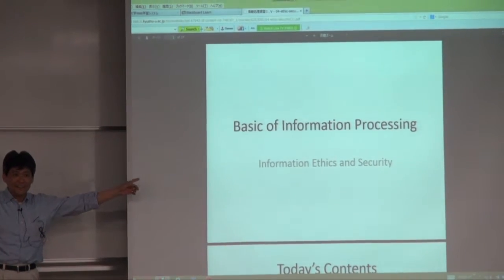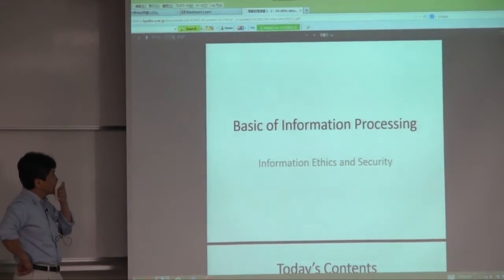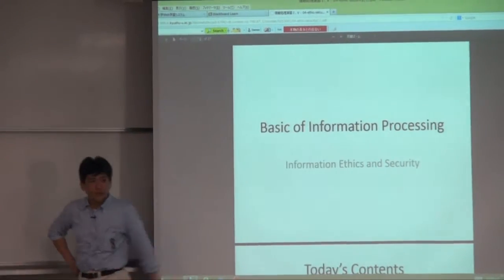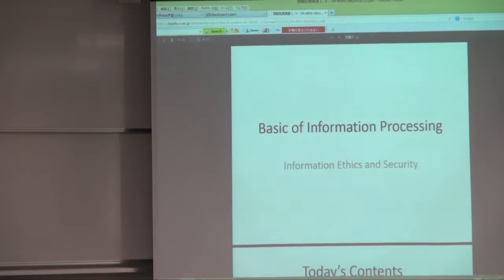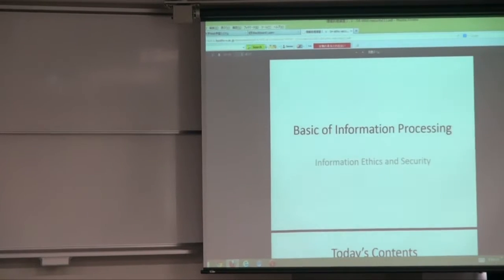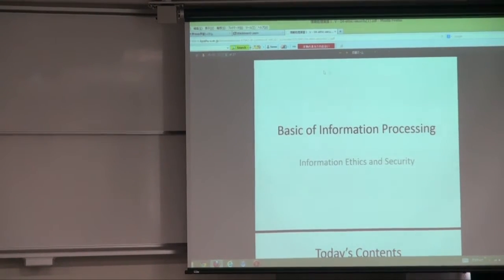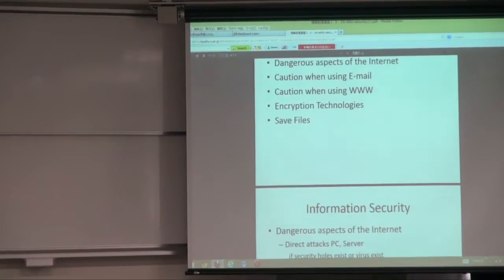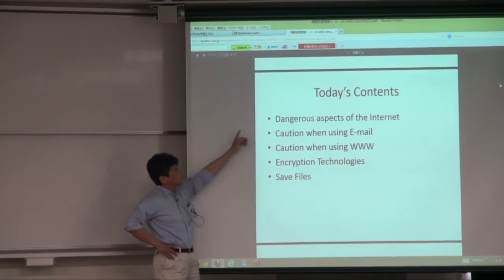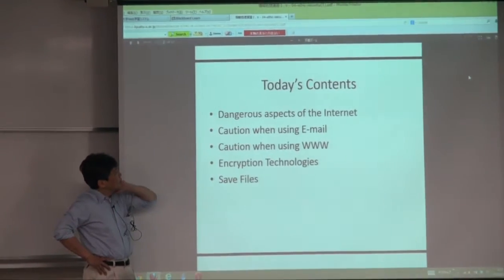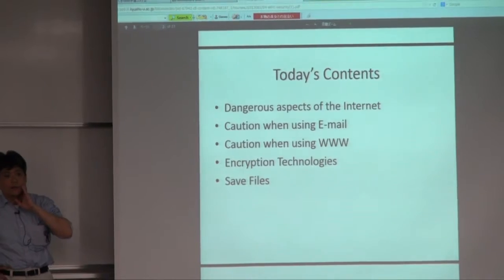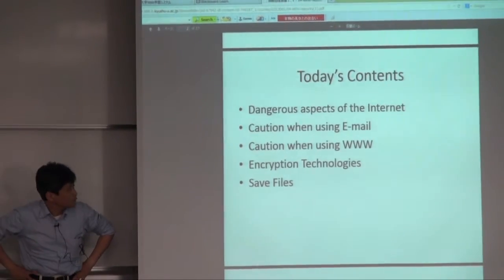Can I start? Okay. So as shown here, today's topic is information ethics and security. Today's topic is very important for using the internet. The actual content is shown here. First, I introduce the dangerous aspects of the internet. And I also introduce caution for using email and the World Wide Web.